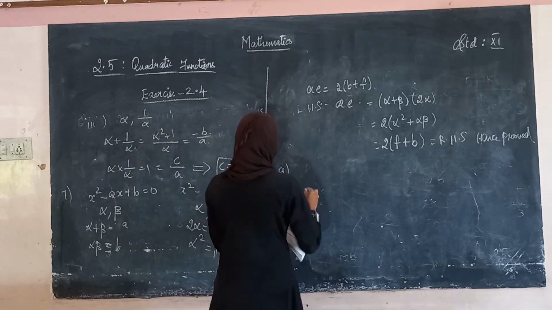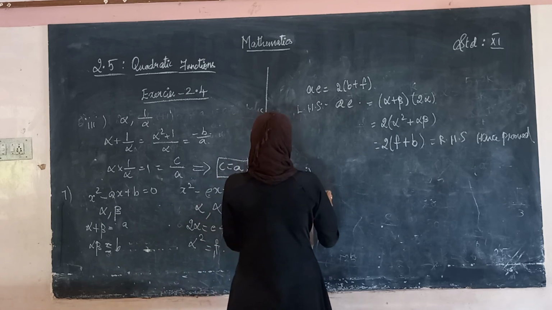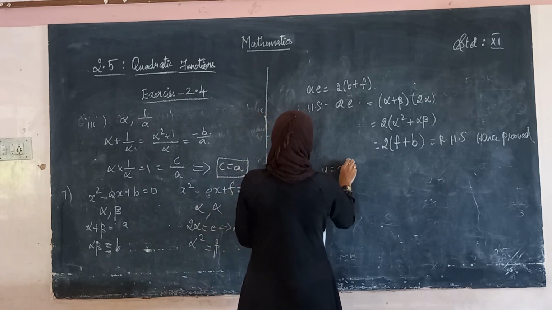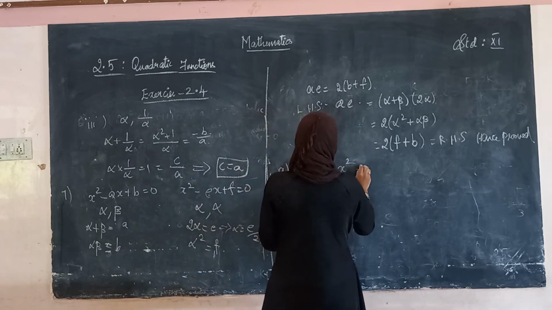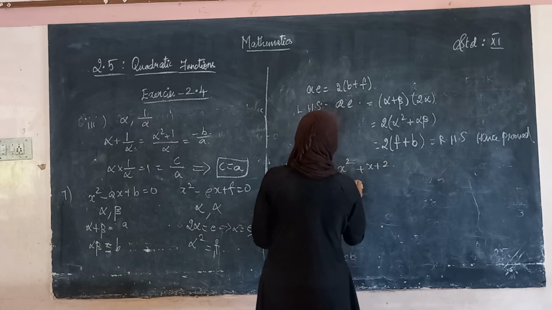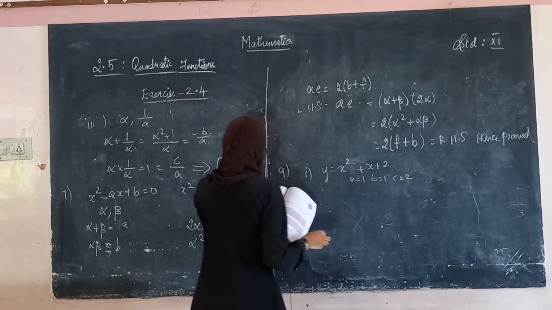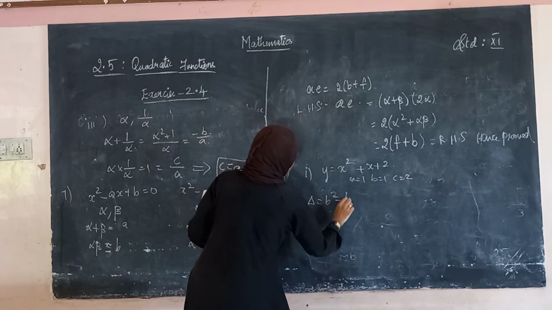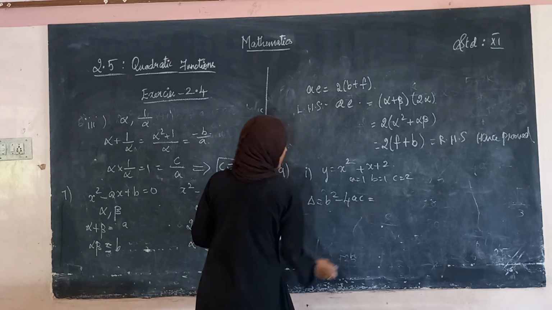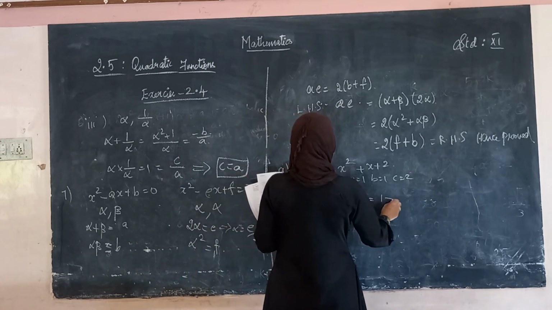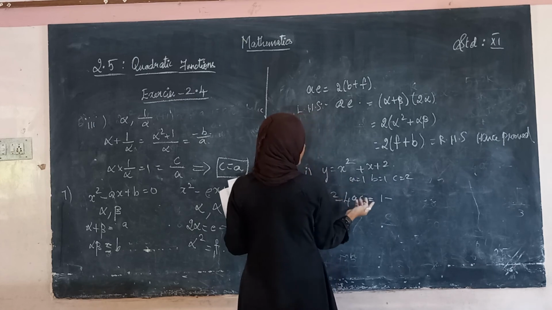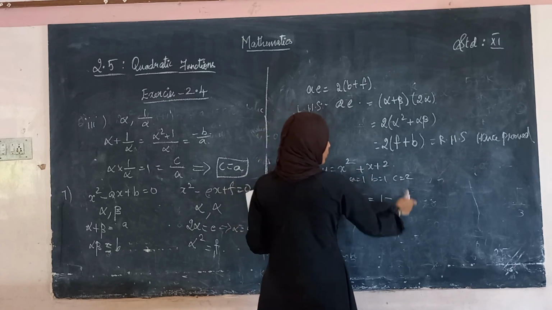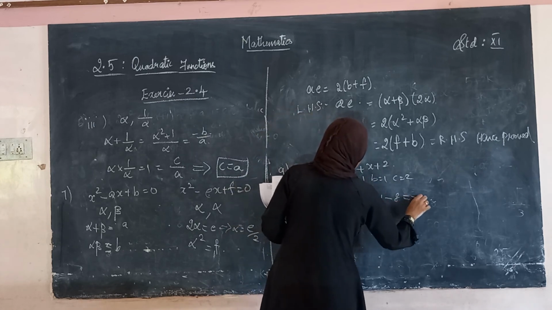See, the first question is y is equal to x squared plus x plus 2. Here a is equal to 1, b is equal to 1 and c is equal to 2. Okay. So del is b square minus 4ac. What is b square? 1 square, 1, minus 4 into a into c. 4 into 1 is 4, 4 into 2 is 8, which is equal to minus 7.